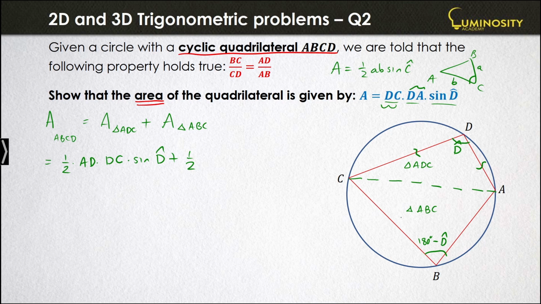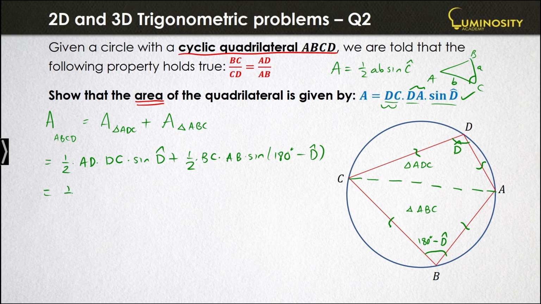Now in this triangle ABC, it's going to be half times BC times AB times the sine of 180 degrees minus angle D. Hopefully once we've cleaned this up algebraically and using our trigonometry toolkit, we will arrive at this result here.